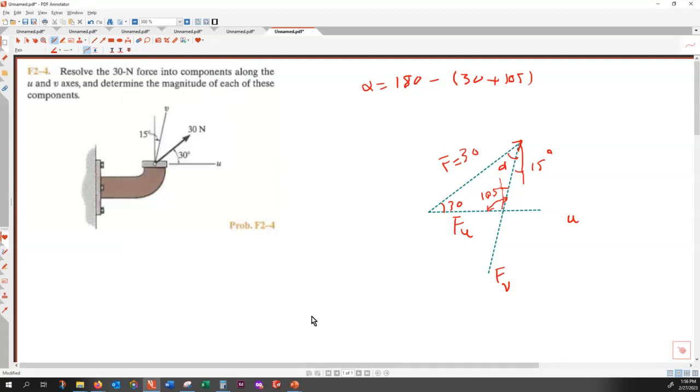Or 45. So alpha is 45 degrees. All right. And now I can solve this triangle, can I? So how do I solve it? That is by the sine law.